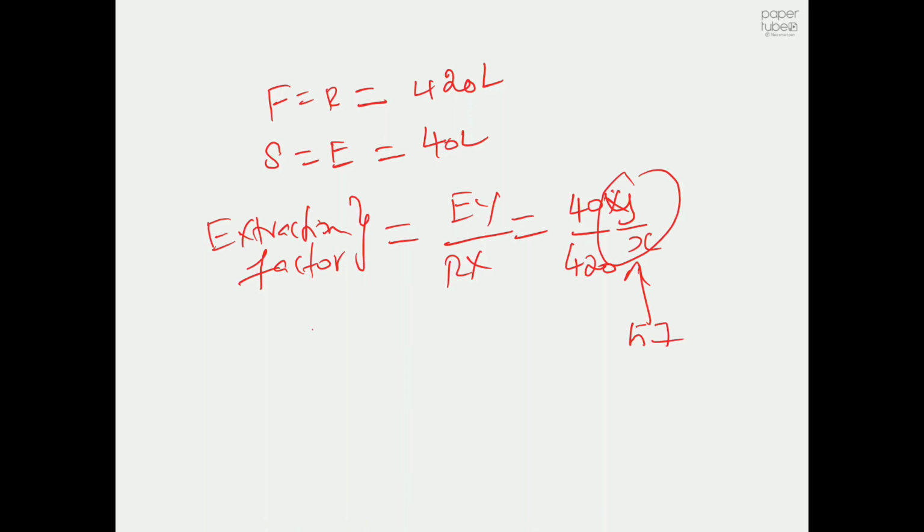So extraction factor is equal to 40 multiplied by 57 divided by 420.